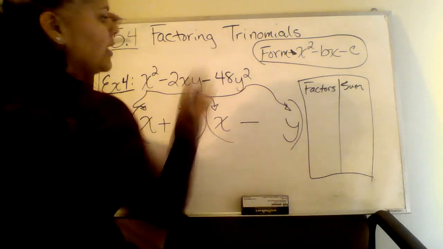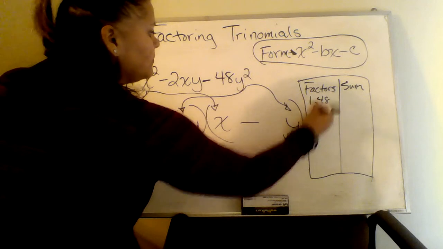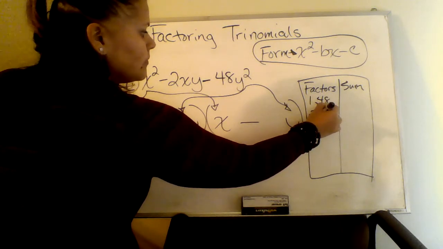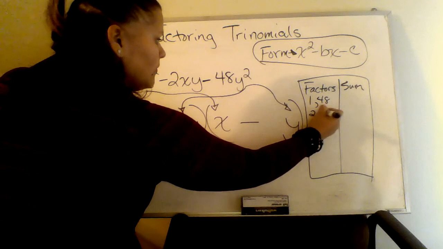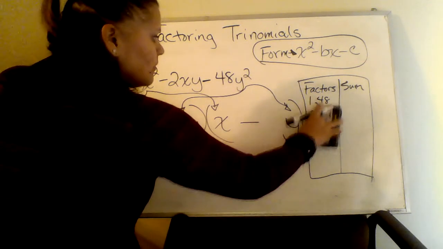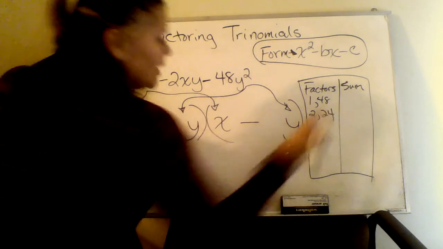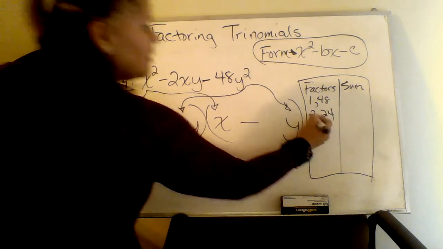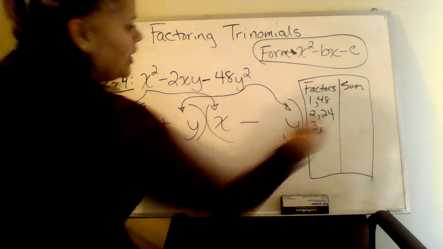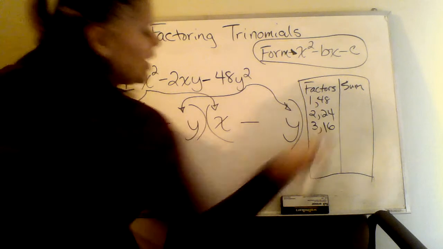Okay, so 48, we have 1 and 48, 2, and what else? So 2 goes into 48 24 times, and then 3 goes into 48 as well. 3 goes into 48 16 times.